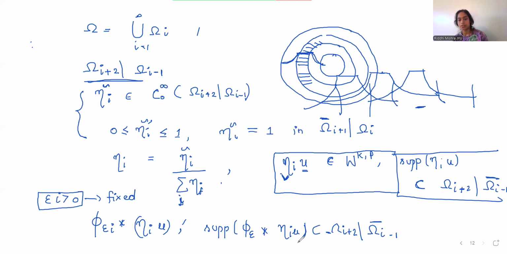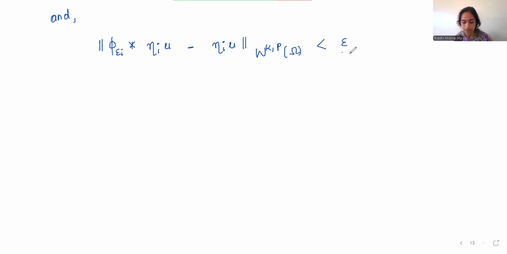So you have an approximation in each patch, and this means that you can combine them by partition of unity so that this is a smooth function over all of Omega. And you can find that the W^{k,p} norm of phi_epsilon_i convolved with eta_i u minus eta_i u is less than a fixed constant.